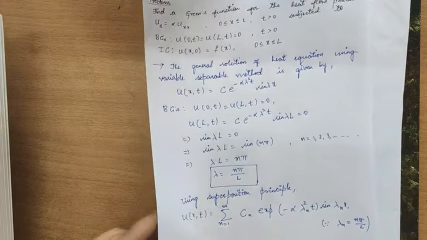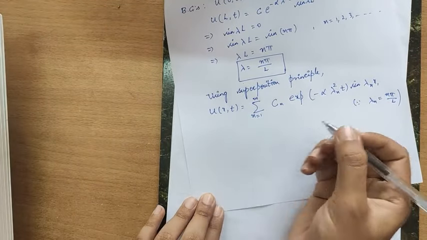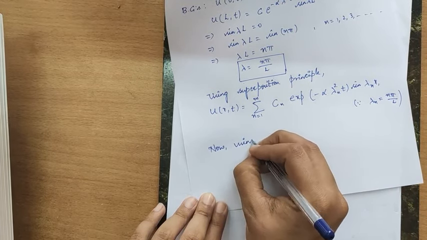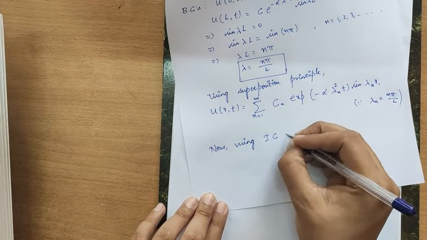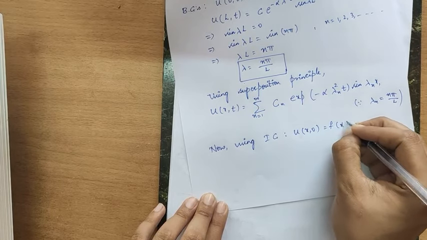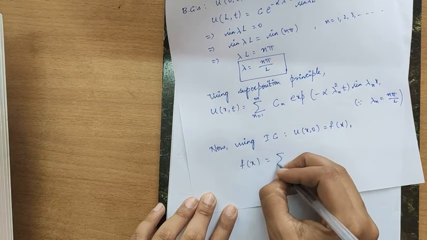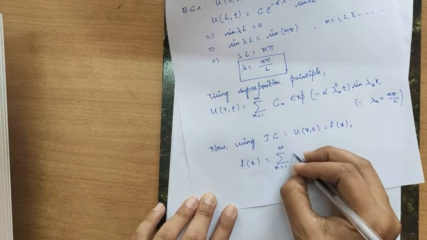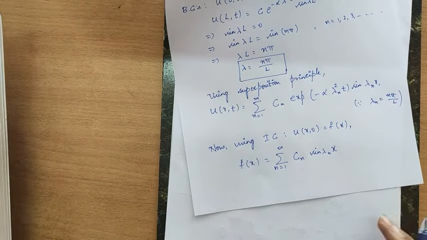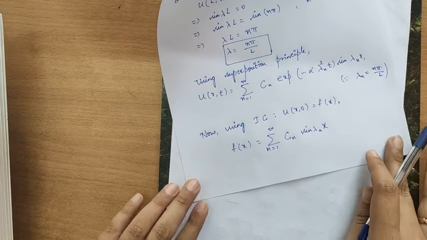Now I will use the initial condition to find the constant. We have the initial condition u of x comma 0 is equal to f of x. If you apply this, you will get f of x is equal to summation n is equal to 1 to infinity cn sine lambda n x, because at t is equal to 0, exponential of 0 is 1.